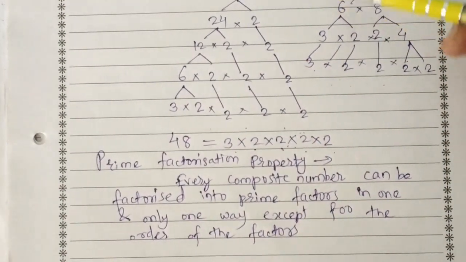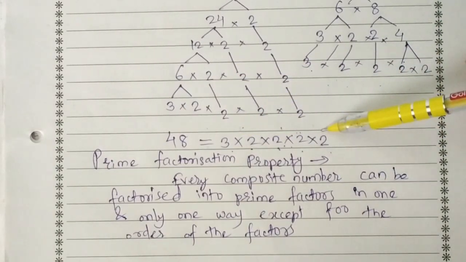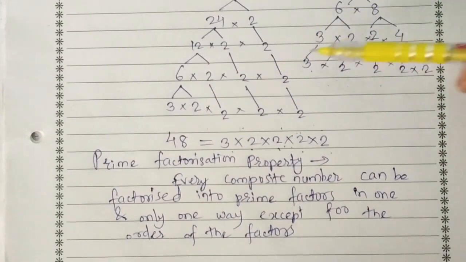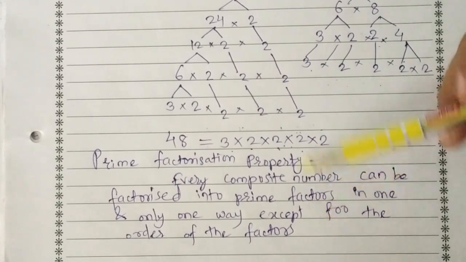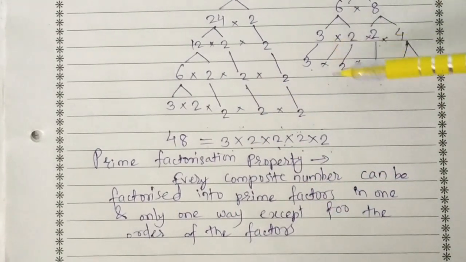That means here 48 has the factors 3 multiplied by 2, 4 times 2. By using these two methods, different factor trees are there, but every composite number can be factorized into the prime factors in one way only, no matter the order of their factors.